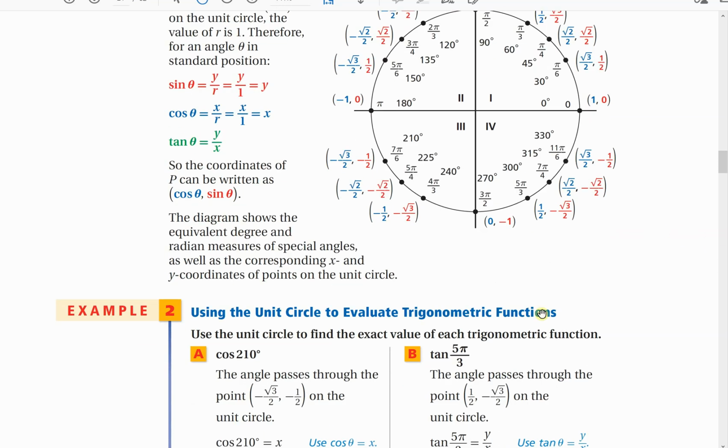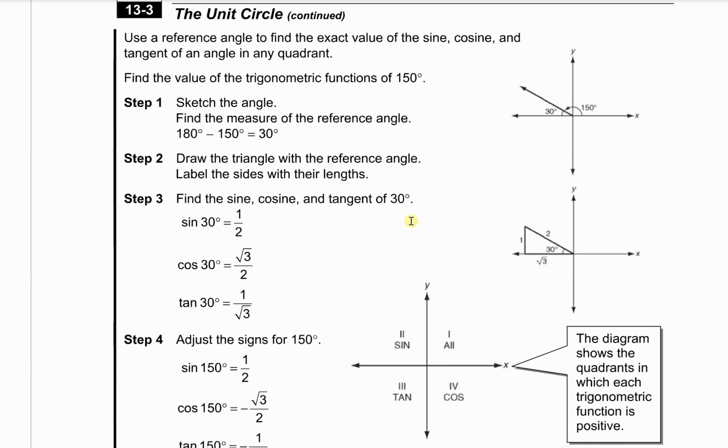So how does this work? Well, let's go back to the note page and let's figure this out. You can use reference angles to find the exact sine, cosine, and tangent of any angle in any quadrant. So how do we find the trig functions for, say, 150 degrees? Well, the reference angle for 150 is 30, because 180 minus 150 is 30.